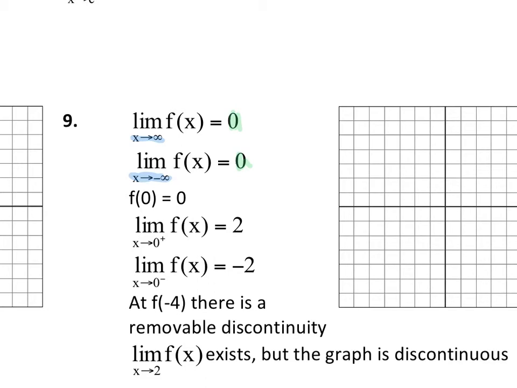Just to draw this off to the side, the x's keep going to infinity, on and on, and the y's are approaching a specific number, then we're going to get an asymptote like that, and it's going to be a horizontal asymptote.